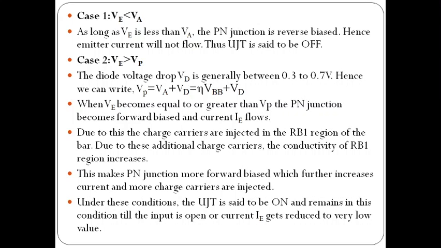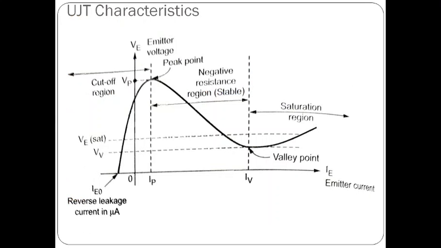Here we can observe the characteristics of the UJT. In this, we draw the characteristics between the emitter current and emitter voltage.